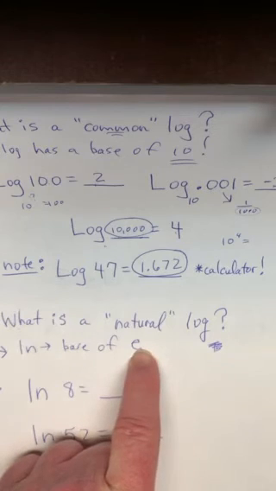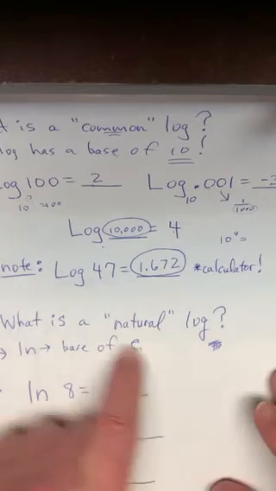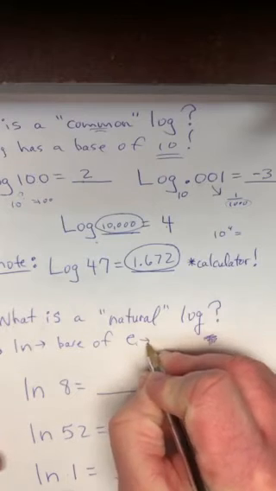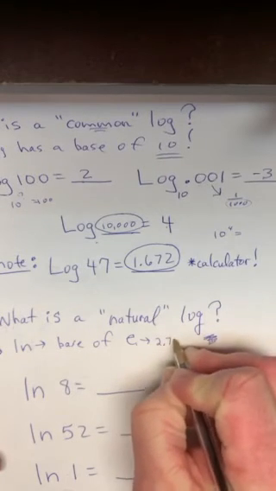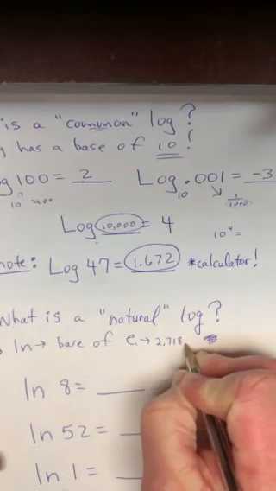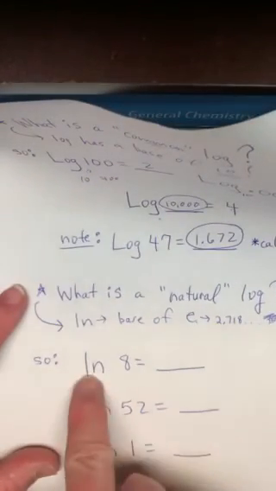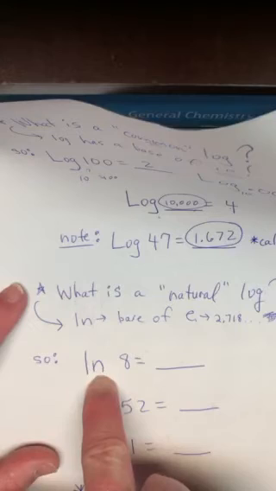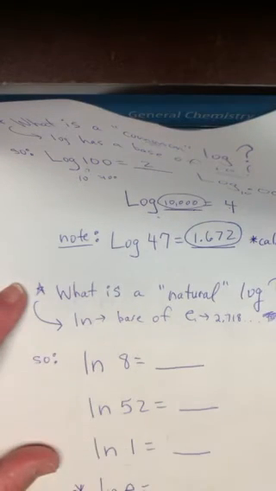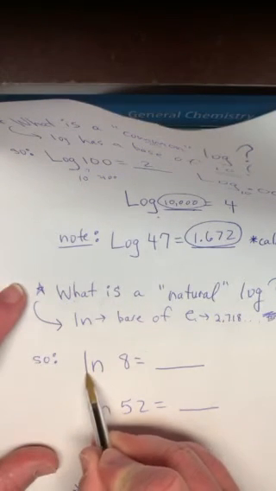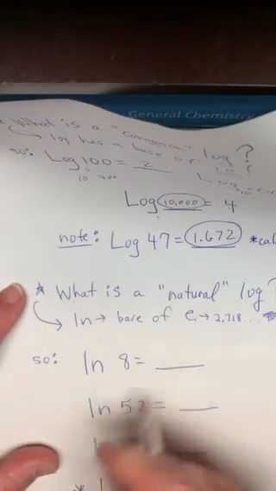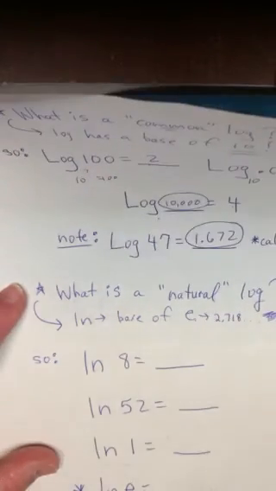Again, you'll see why later in the chapter. Actually, if you typed in E on your calculator, it's 2.718, blah, blah, blah. So anytime you see ln or use the ln button on your calculator, that means a logarithm that's natural. It's a natural log instead of a common log or a regular log.